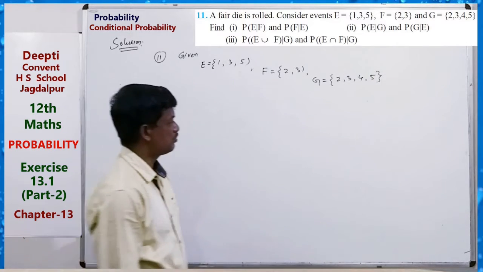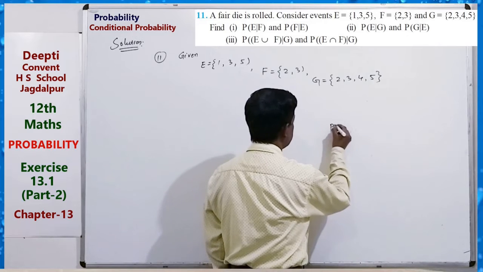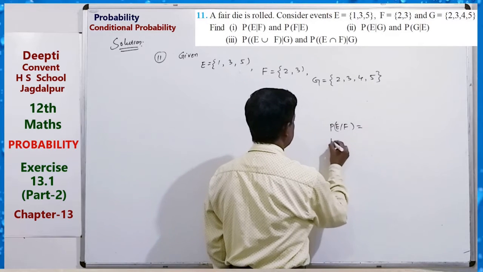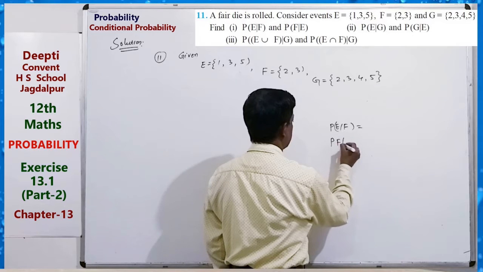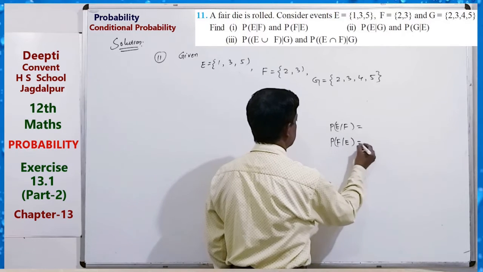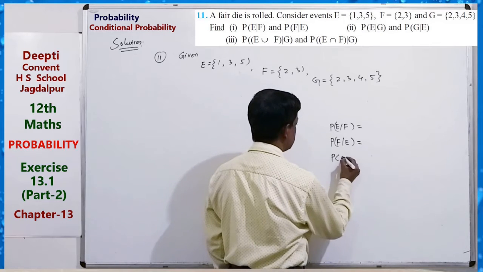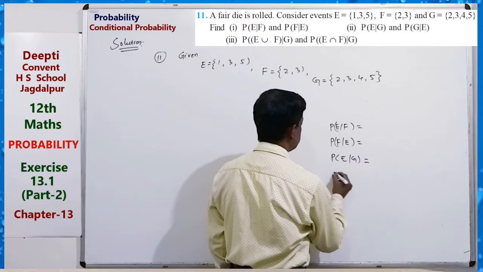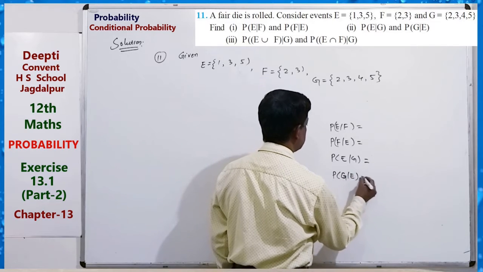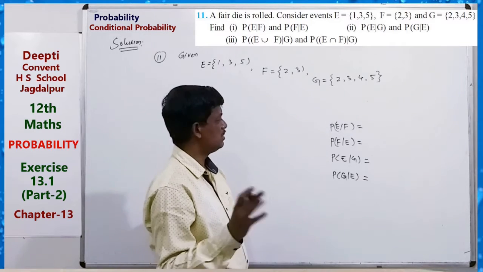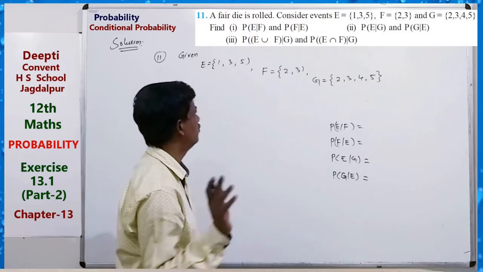Okay, we have to find what? P(E|F), P(F|E), P(E|G), P(G|E). All can be found very easily, you just need to know how.